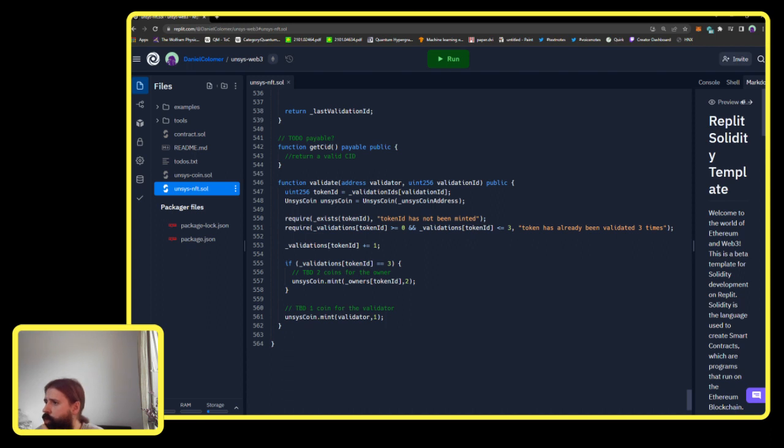We need to store validator and token pairs.